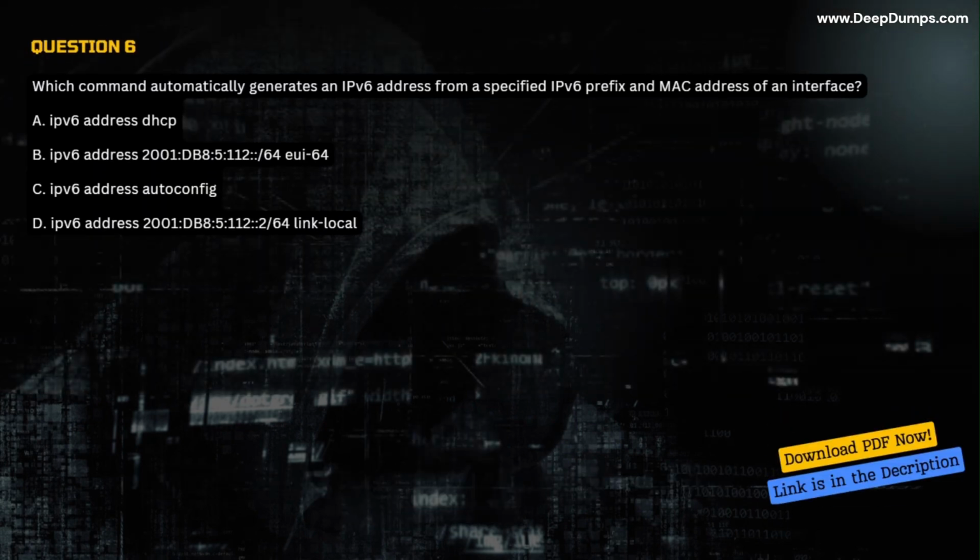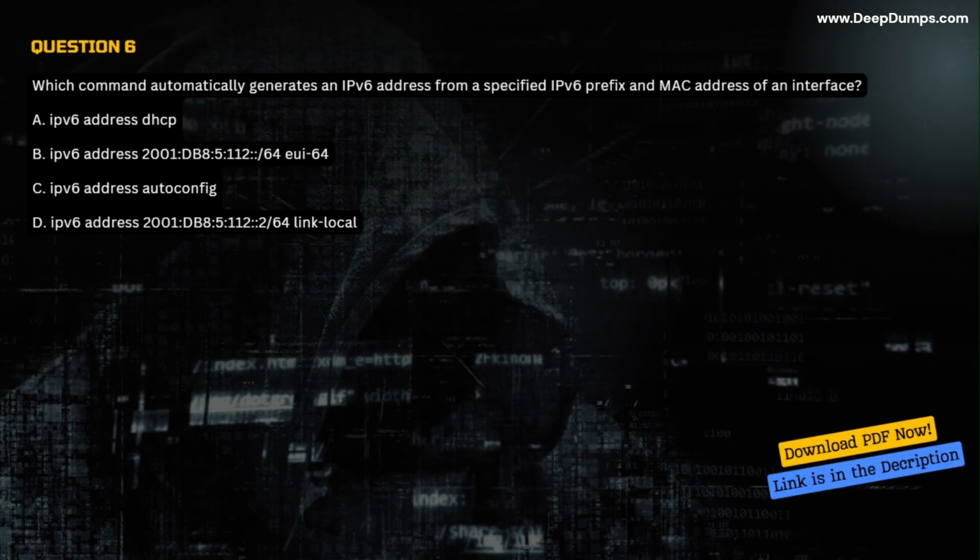Question 6. Which command automatically generates an IPv6 address from a specified IPv6 prefix and MAC address of an interface? A. IPv6 address DHCP. B. IPv6 address 2001:DB8:5:112::/64 EUI-64. C. IPv6 address autoconfig.